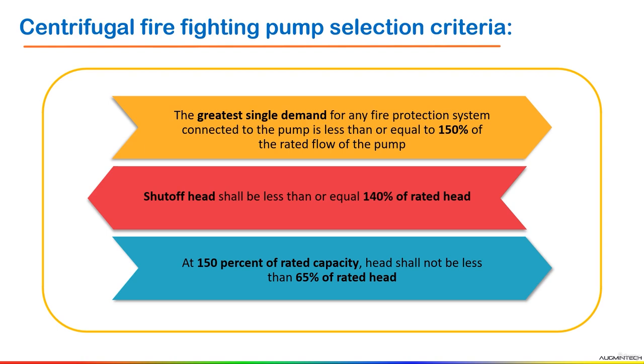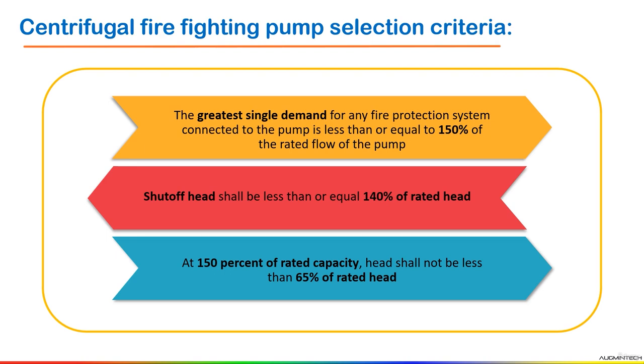Note that here the performance of the pump when applied at capacity over 140% of rated capacity can be adversely affected by the suction condition. Application of the pump at capacity less than 90% of the rated capacity is not recommended. Okay, remember this point.